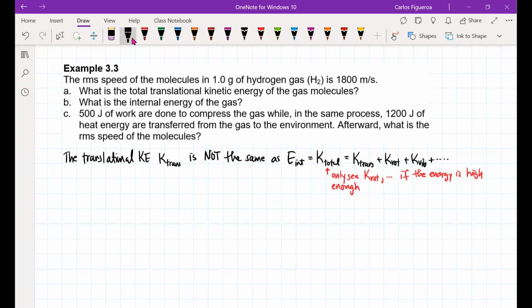So now, since H2 gas is diatomic, we immediately know that CV, which is 5/2 R, has 5 degrees of freedom, where the internal energy is then going to be 5/2 N RT.